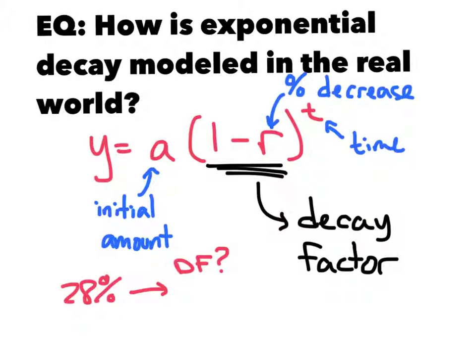The decay factor is 1 minus 0.28, which would be 0.72. That means that 72% remains. So whenever we're talking about decay, this number inside that's being raised to the t is the amount that remains each year.